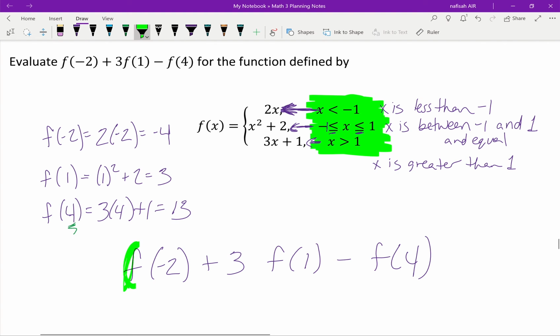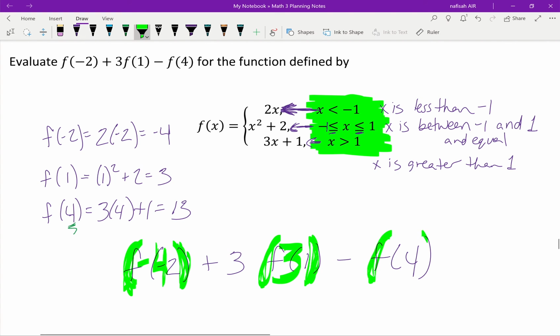So instead of f of -2, I can put -4 there. Instead of f of 1, I know that f of 1 is 3. So I can put a 3 there.